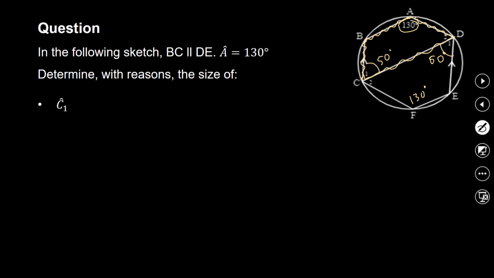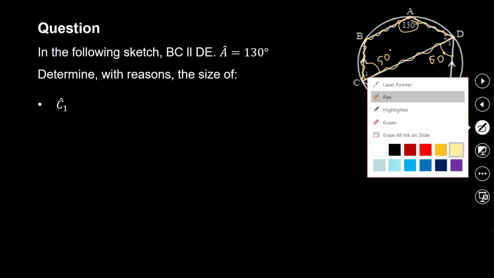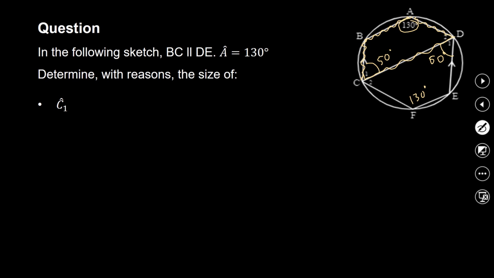So that's what I have so far as the additions that I can make, based on the fact that those lines are parallel and also there's a cyclic quad. So firstly, angle C1 is equal to 50 degrees, and my reason for this will be opposite angles of a cyclic quad, right?